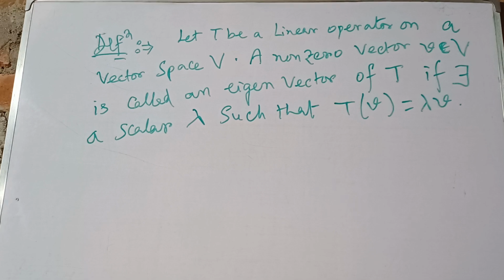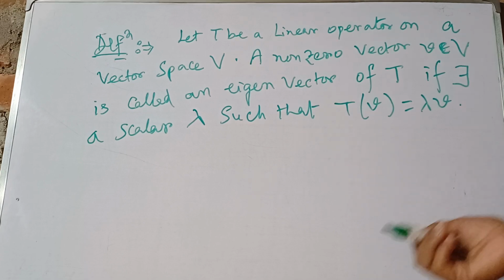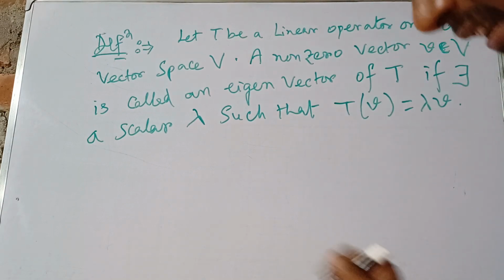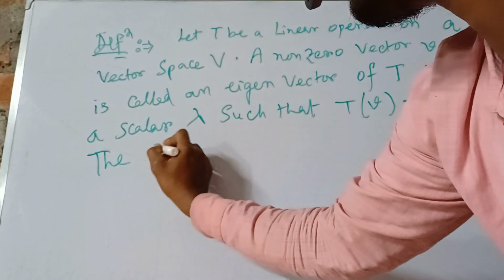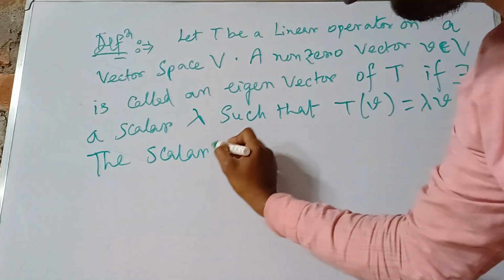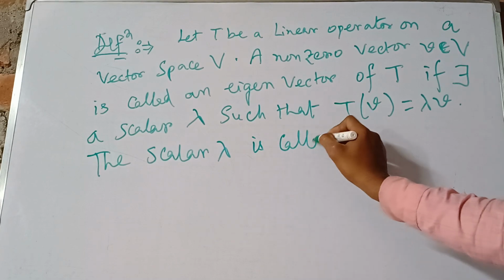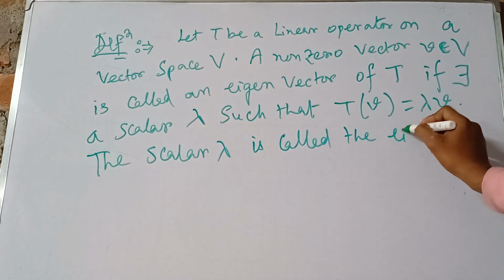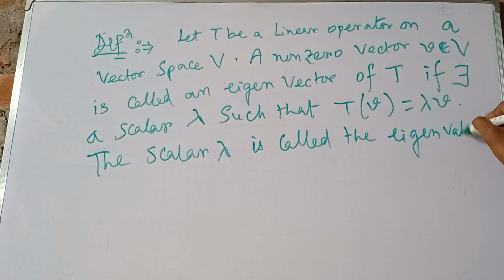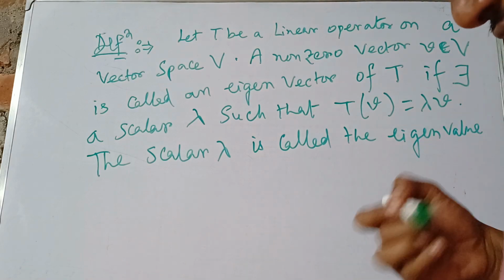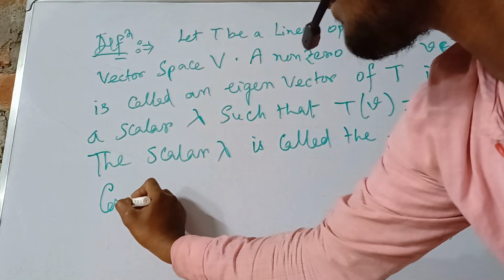In this way, the scalar lambda is called the eigenvalue corresponding to the eigenvector v.